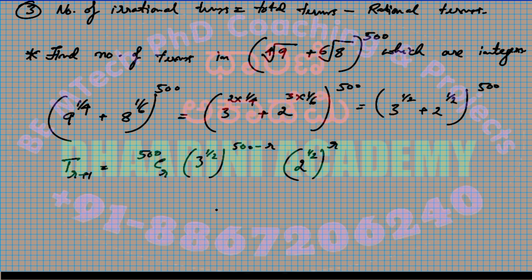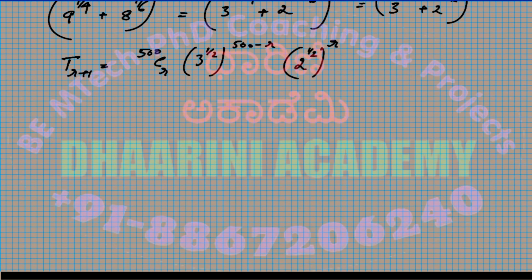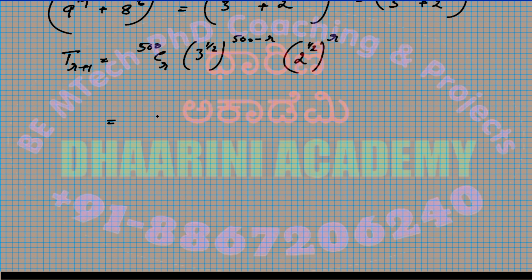We can expand this as 500 Cr 3 to the power (500 minus r) whole divided by 2, into 2 to the power r by 2.